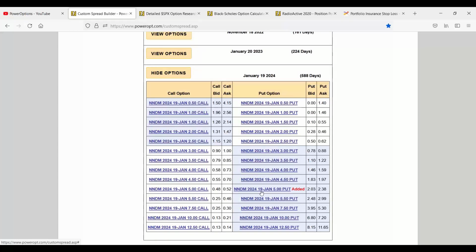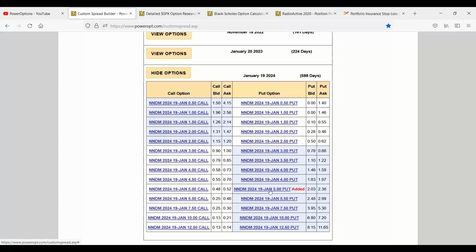And sold 5 contracts at 447 of the 10. Okay, so these are bear put debit spreads? Okay. All right, so 5 strike puts here, bought 20 contracts.